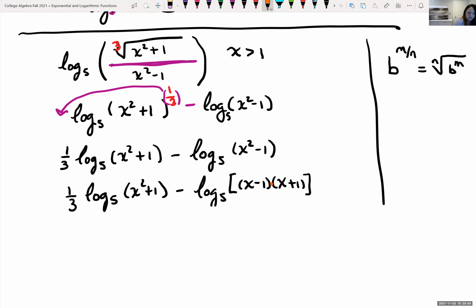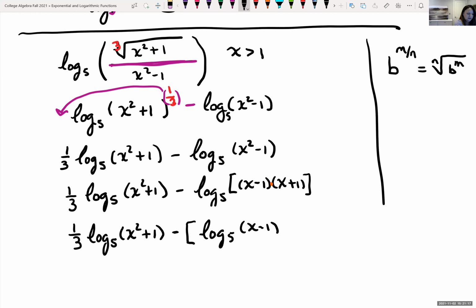Multiplication in between, when we have a log, we can rewrite that with addition. So we have 1/3 log base 5 of x squared plus 1 minus, and if I rewrite this as addition, this minus has to go to both. And so this would be log base 5 of x minus 1, then plus, because of the multiplication, log base 5 of x plus 1.